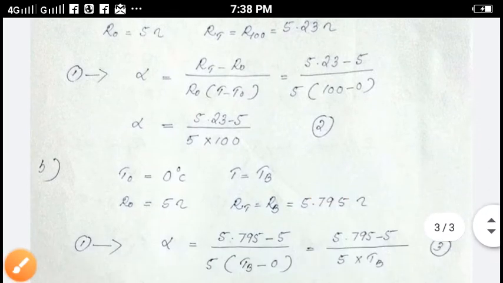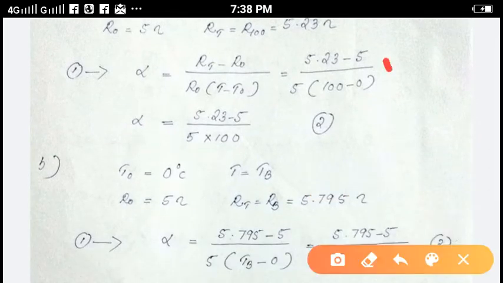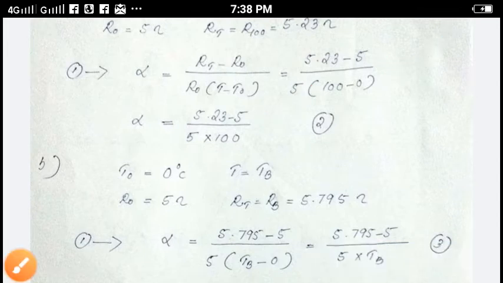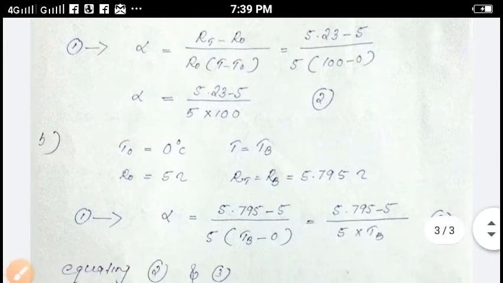Substitute all these values in the equation for alpha. Alpha is equal to RT minus R0 divided by R0 into T minus T0. Putting all the values, we can write 5.23 minus 5 divided by 5 into 100 minus 0. Or 100 minus 0 is 100 itself. We can write alpha equal to 5.23 minus 5 divided by 5 into 100. This equation, let us call it equation 2.